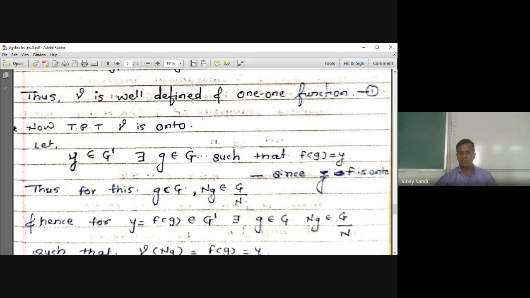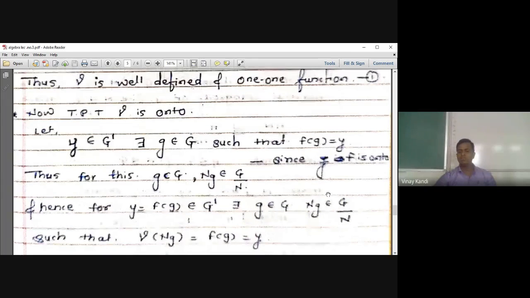Ng means right coset, which belongs to G by N. For this same g that exists, I can define N into g, which belongs to G by N. And hence, for this y equal to f of g belonging to G dash, there exists g belonging to G and Ng belonging to G by N. For this y, we got a small g, and with the same small g we got an Ng, which belongs to G by N.